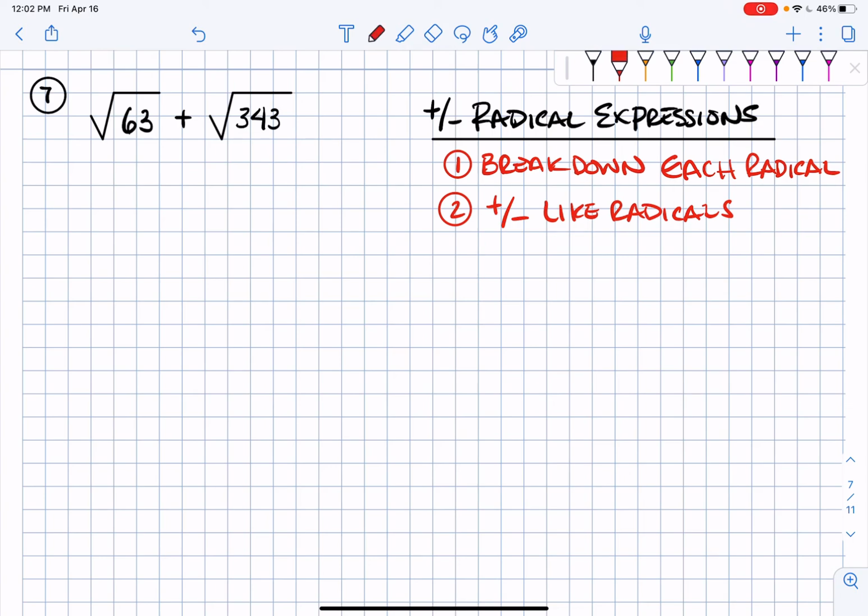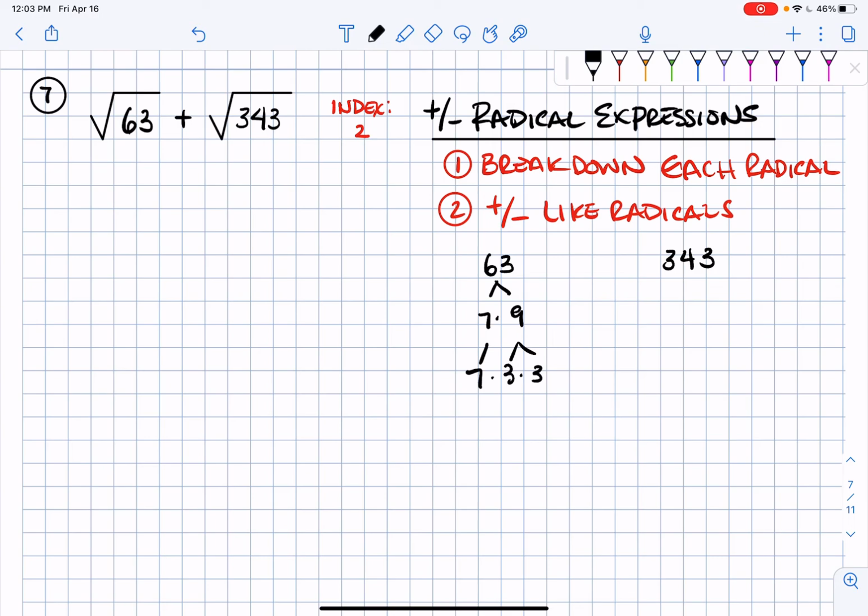But I know that my index is a 2. So I'm looking for pairs, 2 of a kind. So let's go ahead and break down 63. That's what, 7 times 9? 3 times 3. So 7 times 3 times 3, and you can always check it on your calculator too to make sure that 3 times 3 times 7 does give you 63. All right, 343.